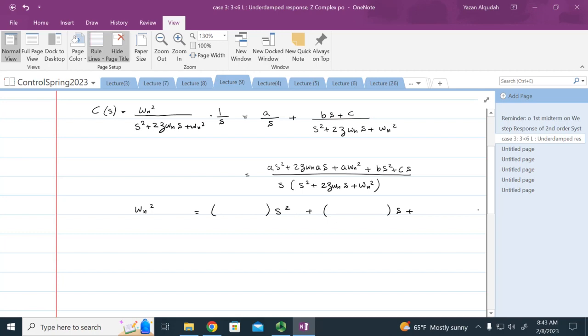So if I put the terms together, what am I going to have here? Anybody know what I'm doing?